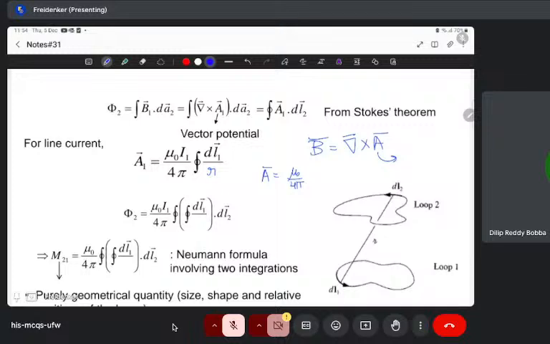When we come there, we will see. You must recognize it in this form. This is for volume currents, but here there is a line current. So J bar d tau has been replaced with I dl bar. This will appear later, but we'll see it later.